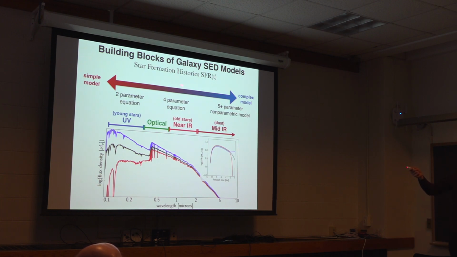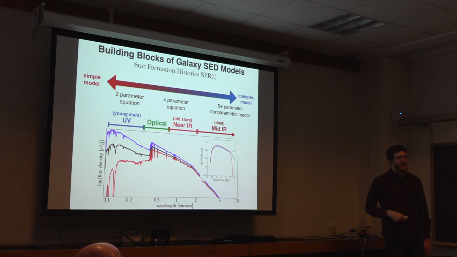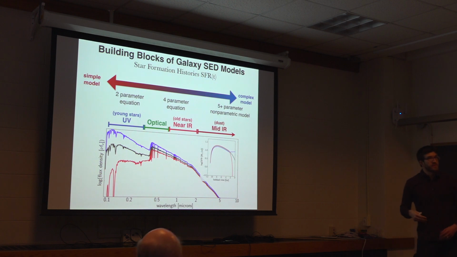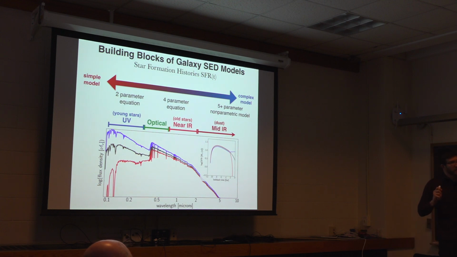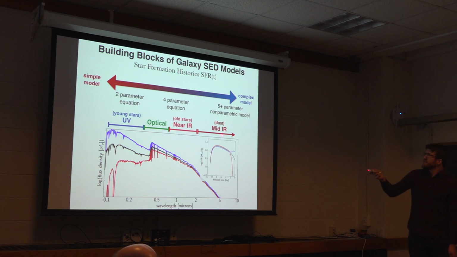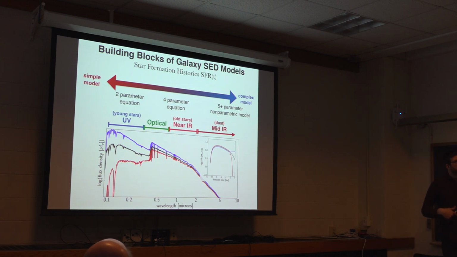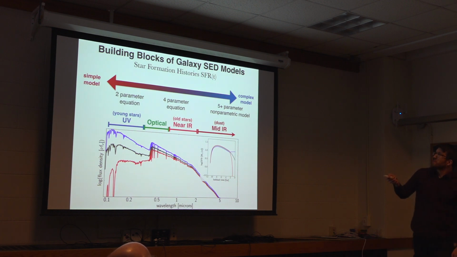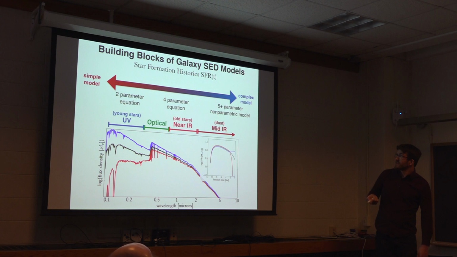So there's a continuum here, going from more simple models, which you might imagine using when you have more simple data, or maybe when you're interested in a science question that doesn't depend so much on the age of the stars in the galaxy, and there are very few of those, unfortunately. Ranging to more complex models, which you might use if you have better data, or if you want to marginalize over all the uncertainties that come because you don't know the star formation history.